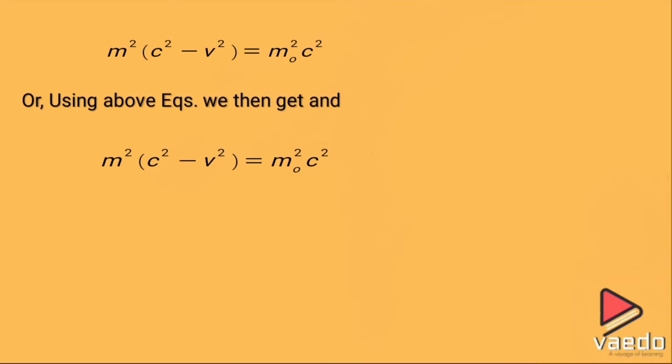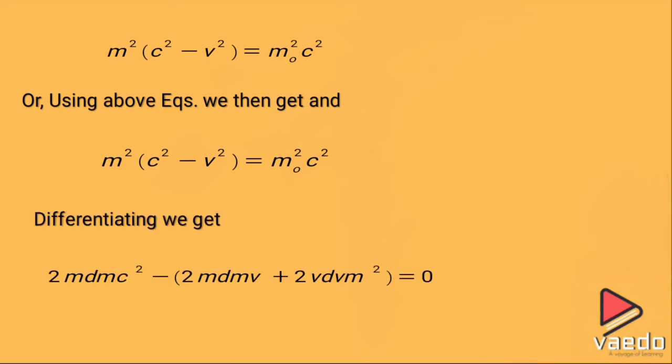But as we know, m naught square and c square is a constant, so differentiation of this result will be 2m dm c square, because हमने m square को partially differentiate किया है, because if you get 2m dm, in integration you will get m square again. So after the differentiation this part will be 2m dm c square, and the next step is 2m dm v square, because v square is variable and m is also variable, but m naught is constant, that's why we have 0 here.